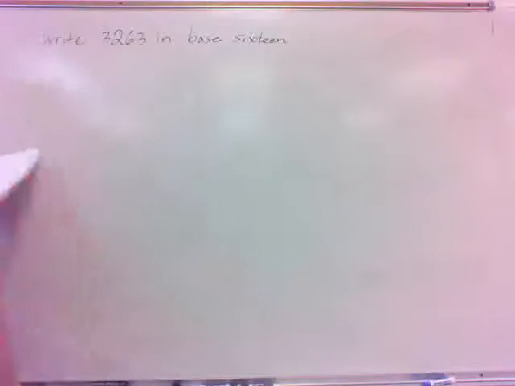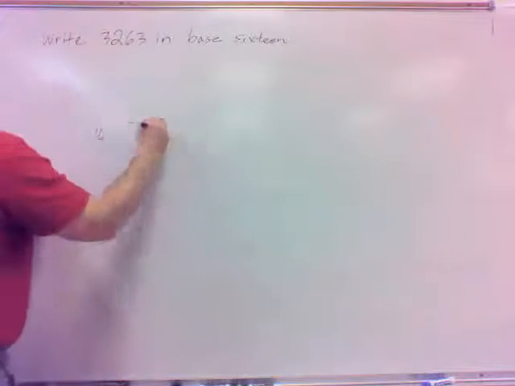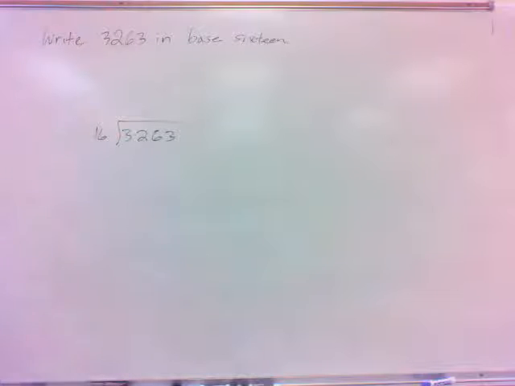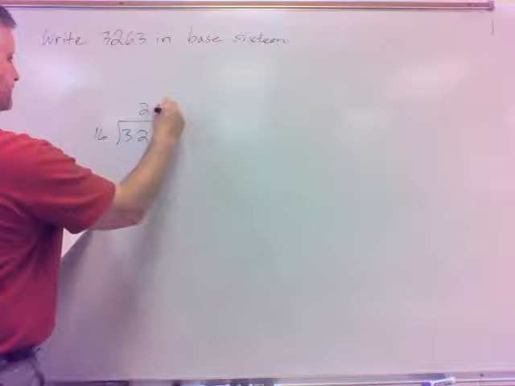So I'm going to successively divide by 16. 16 divided into 3,263. How many times? I get 203.9, so it goes 203 times.